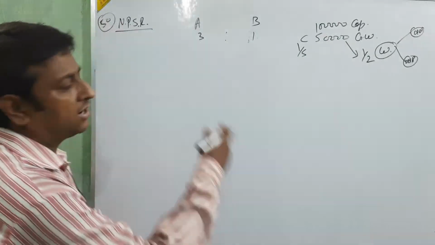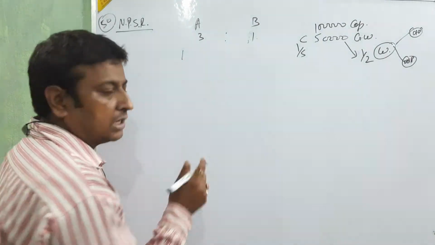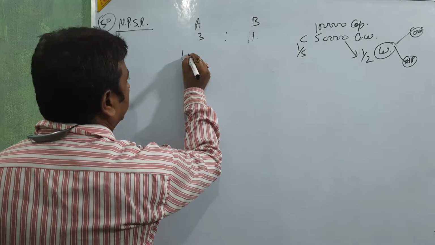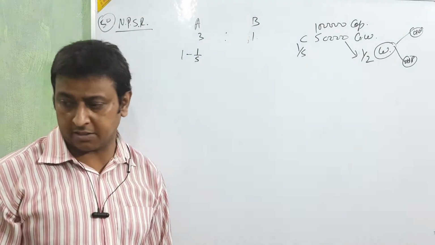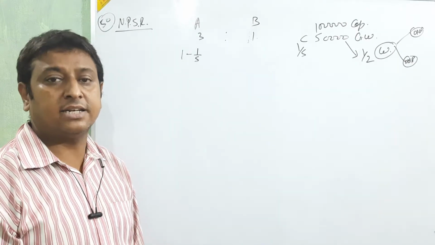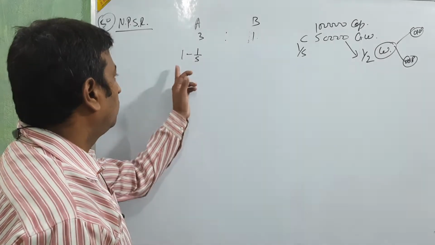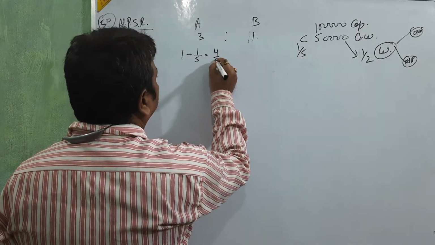Now we are going to calculate the new profit sharing ratio first. One is the whole profit, less 1/5, the share of the new partner. Then 4/5.